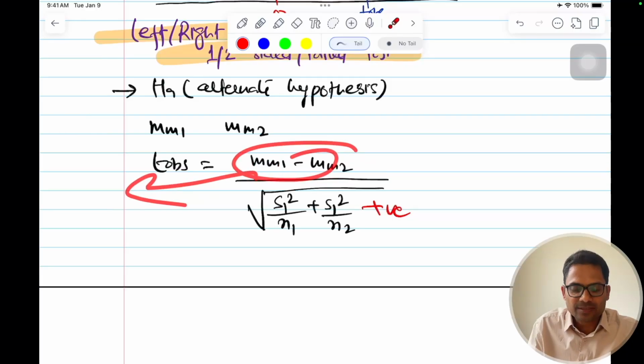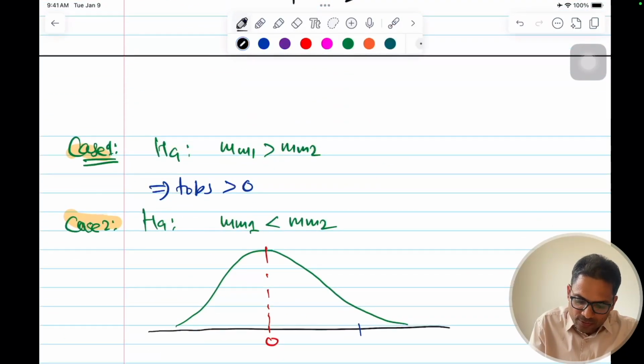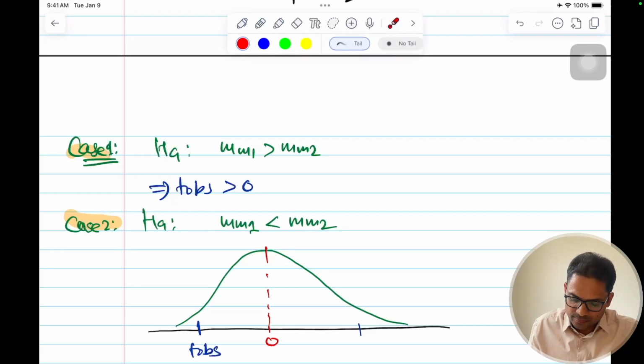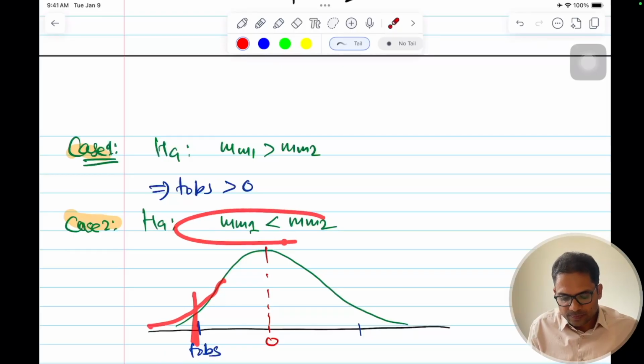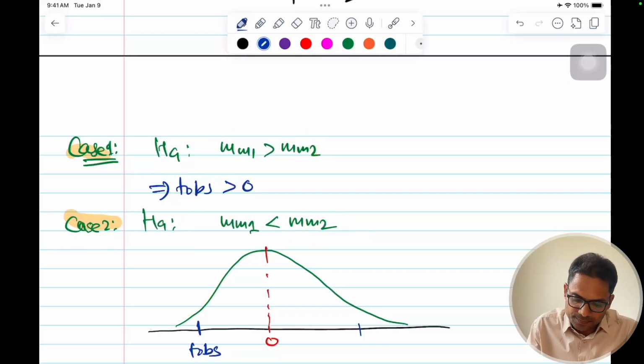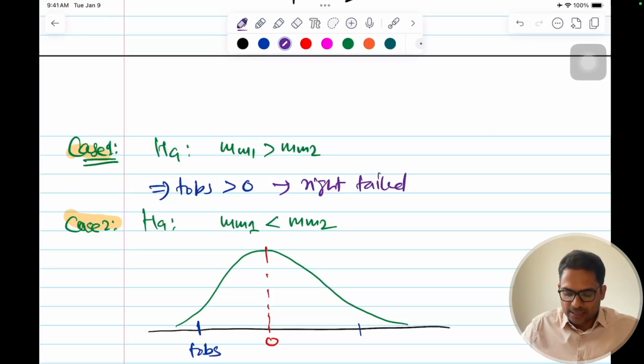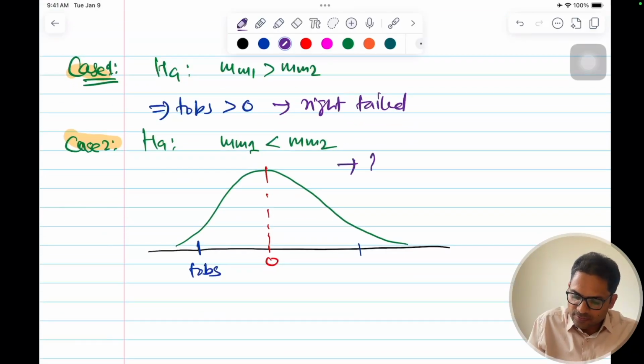So my t observed will go towards the negative side, somewhere here, less than 0. This will be a left-tailed test or a left-sided test, and this will be a right-tailed test. This is because we have the distribution as tails.